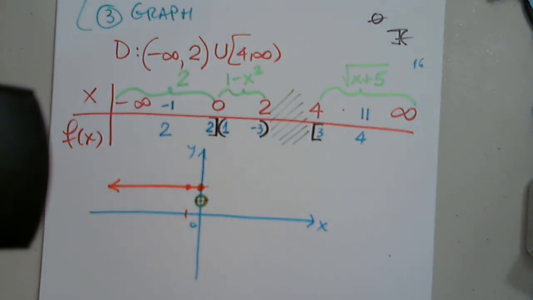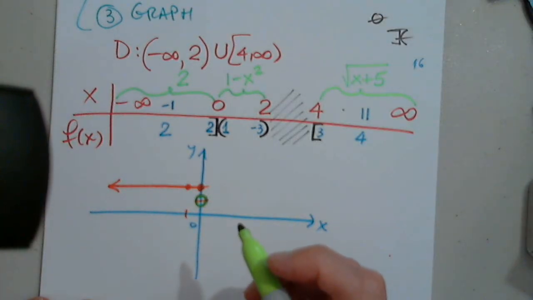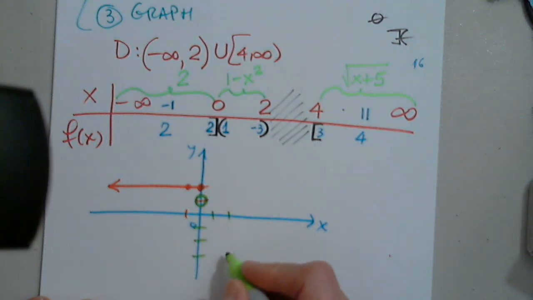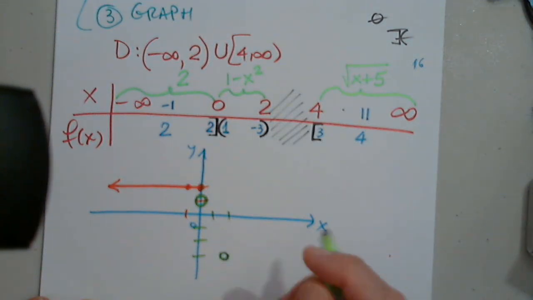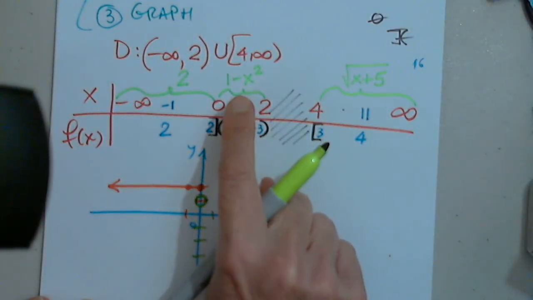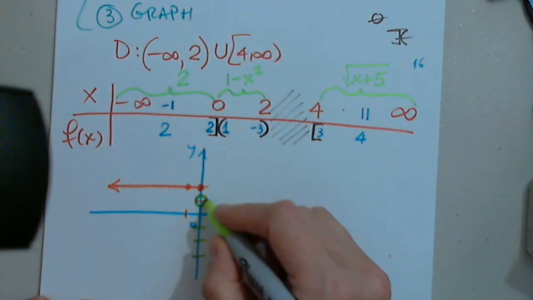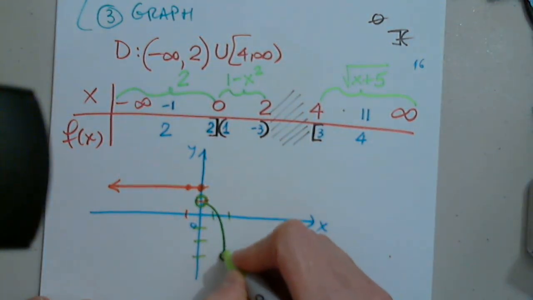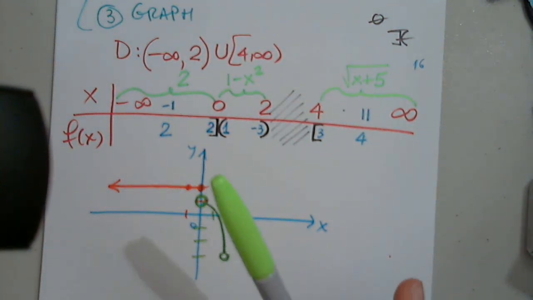Next one. 2 and -3. Full point or open? Open. Excellent. This is a quadratic function with a maximum because the leading coefficient is negative. Finish with green.